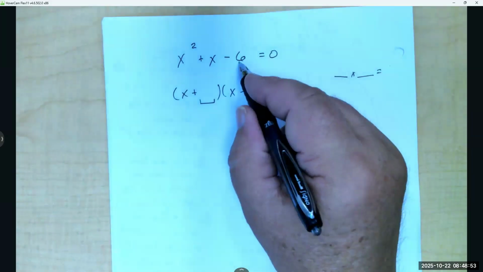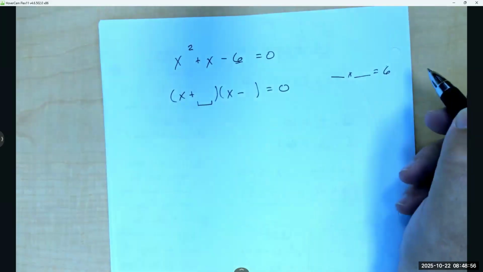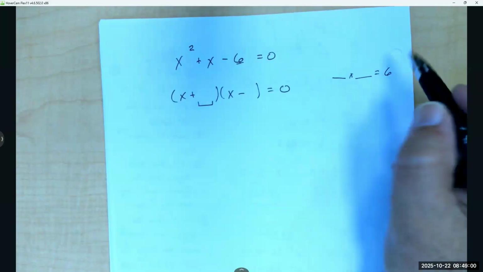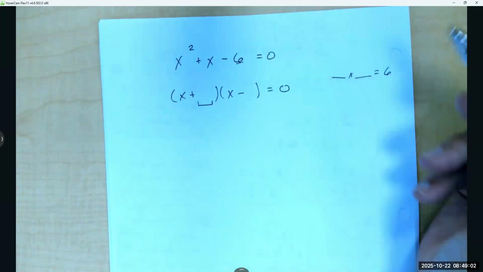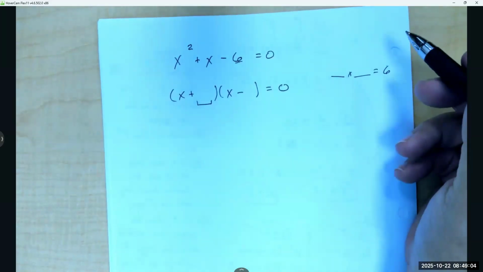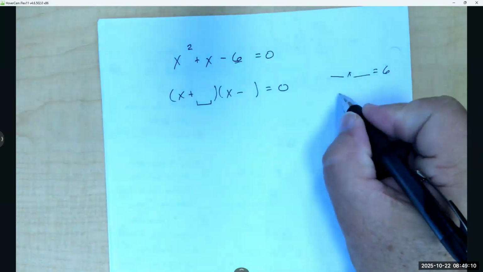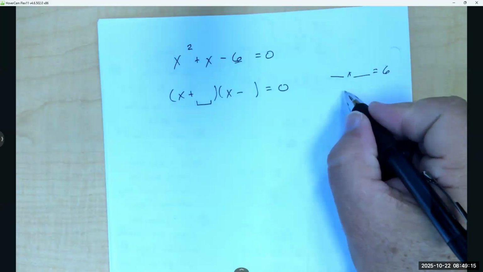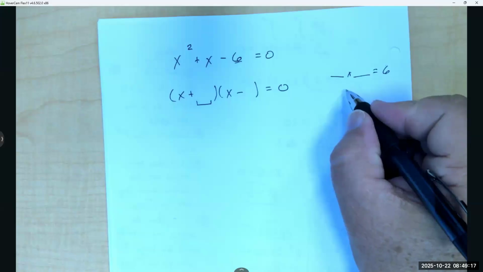Not -6, just the term 6. And then what else? Okay, we know what two numbers multiply give you the third term, then what? Those same two numbers multiply, subtract, it gives you the number. Why subtracted? Because then you do the second sign.